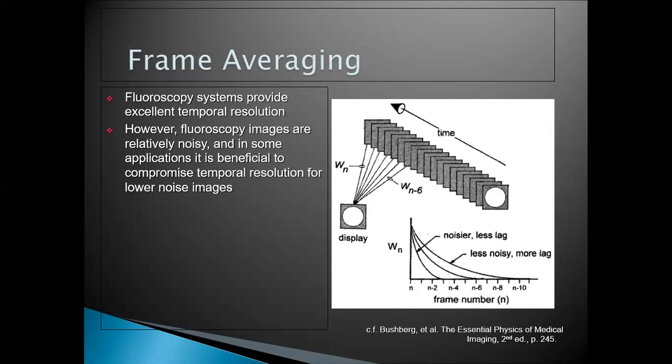Of course, we know that fluoroscopy images are noisy. Why are they noisy? Because we use a very low dose to acquire them. Like we said in our last lecture, for normal radiography, maybe of the chest, the dose is about 1,000 times lower in capturing one frame in fluoroscopy.